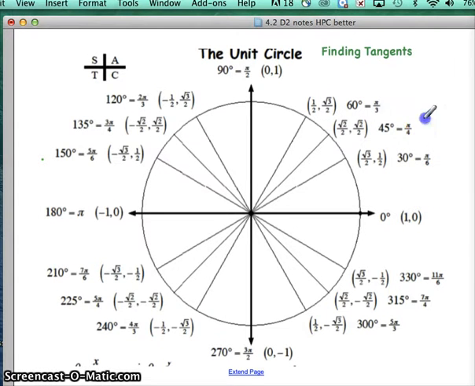So this was 1, this was radical 3, up here was undefined, down here was 0, and this one again was radical 3 over 3.